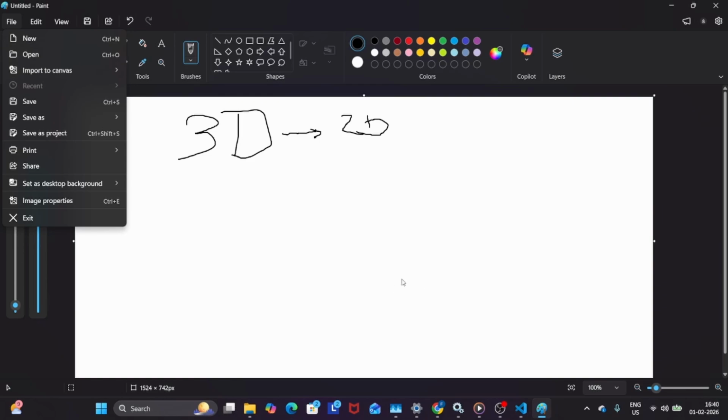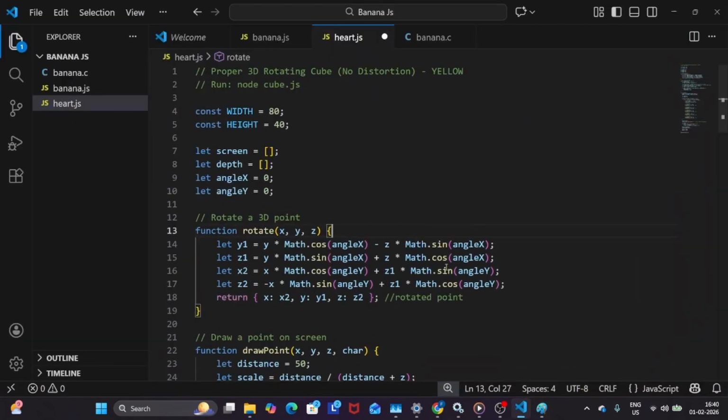This code is not originated by me. I have seen the code of cube 1 and the code of donut 1. This is not something invented by me. I have just transformed that into JavaScript, and anyone can do that.